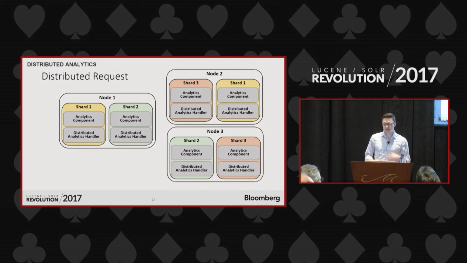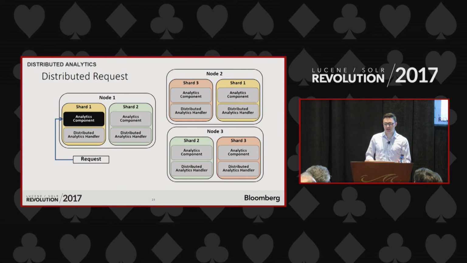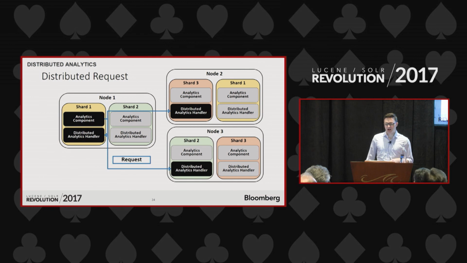So how does distributed request really work? The request comes into the originating node. The analytics component would then find 1 replica of each shard to send the distributed request to. The request is sent out to them, and then the reduction data is collected and sent back to the originating component, where it is merged together and then computed.